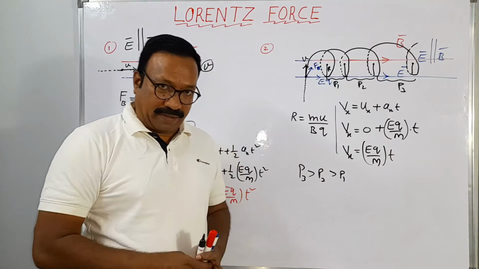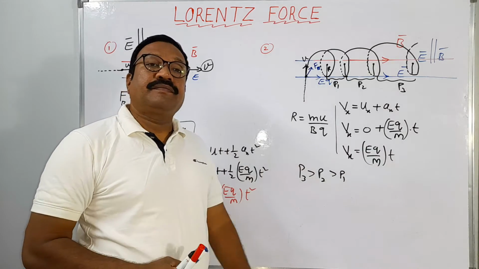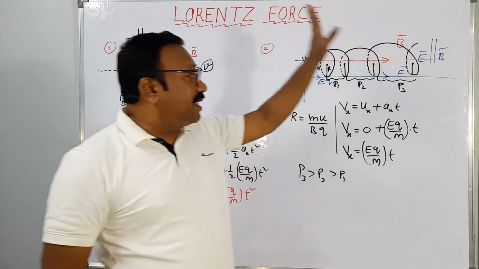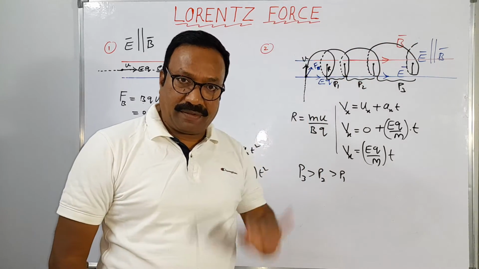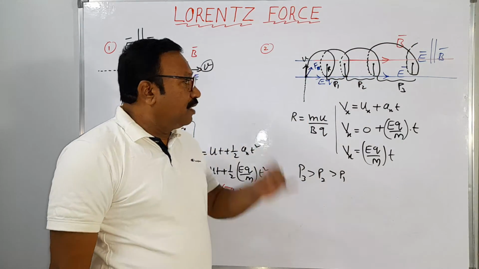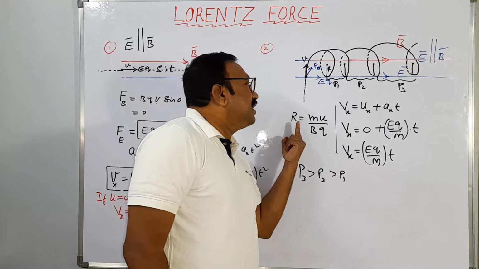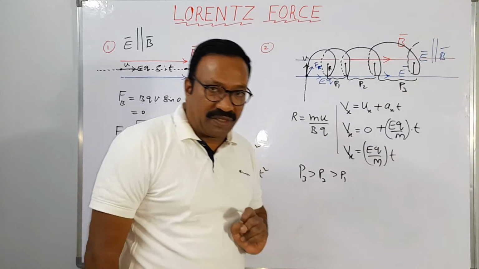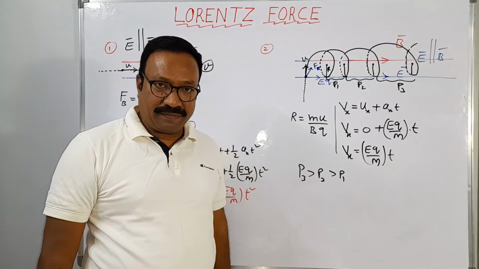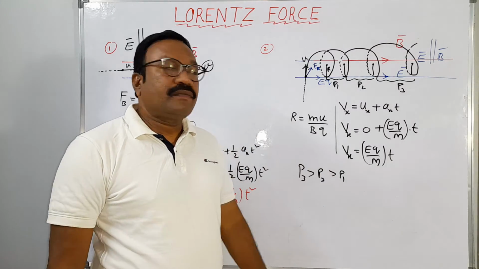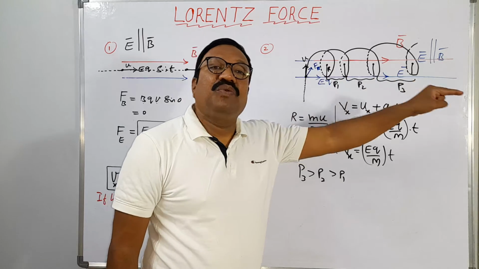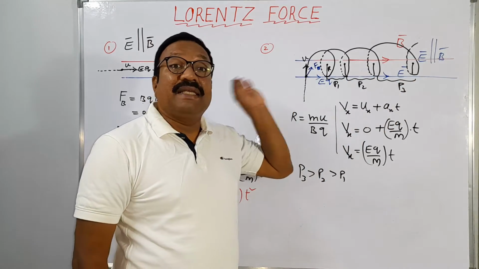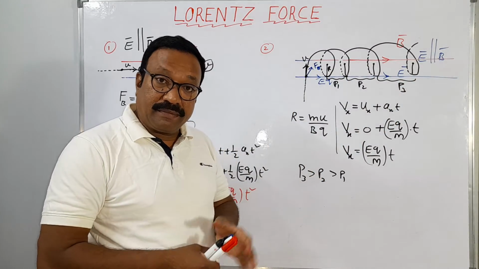So what are your answers? If the electric field and magnetic field are parallel to each other, that is condition number 1. Number 2, the particle is entering perpendicular to both the fields. Then this particle makes a circular motion as well as moves forward, hence the path is a helical path. Very, very important.